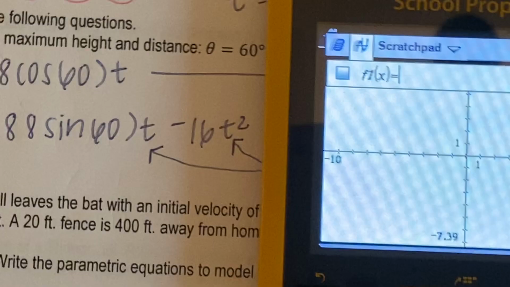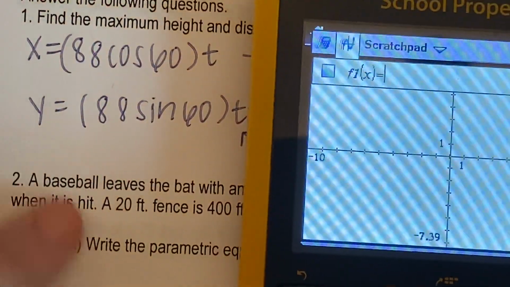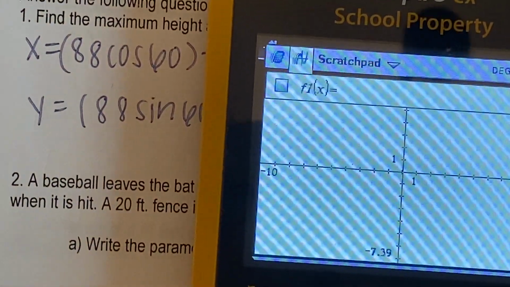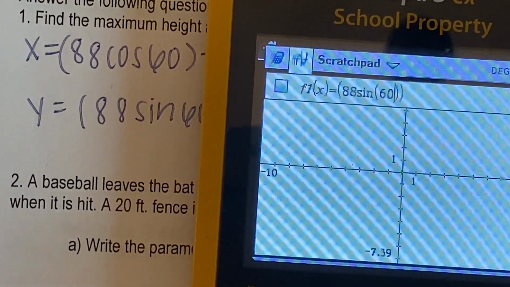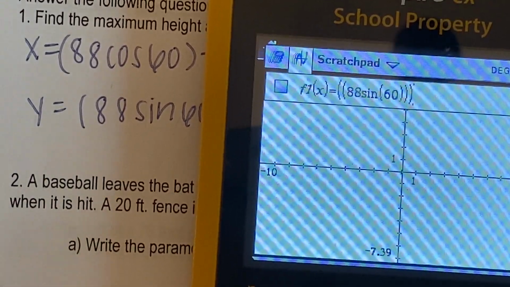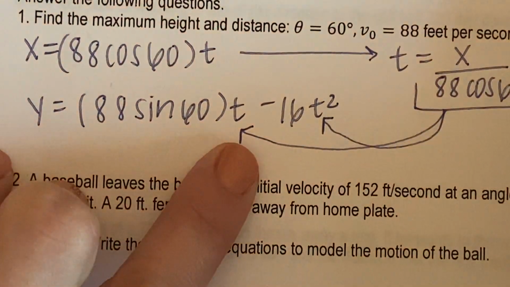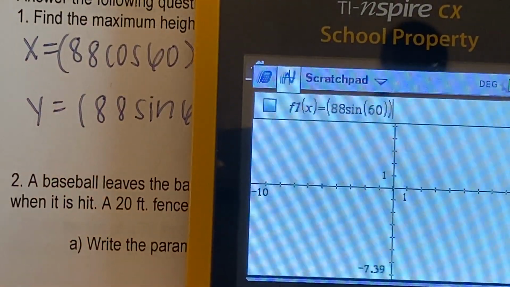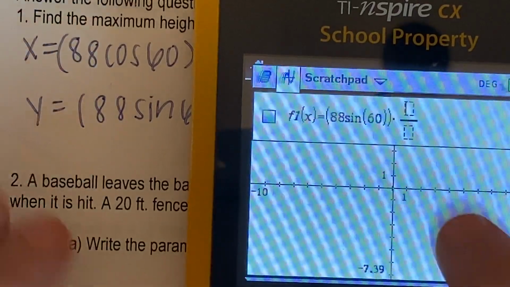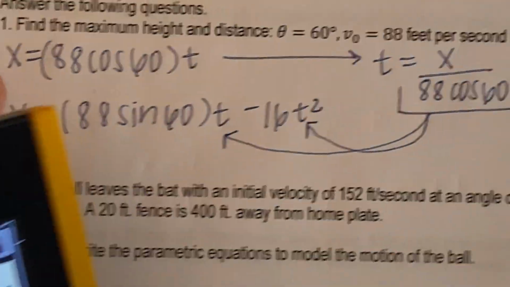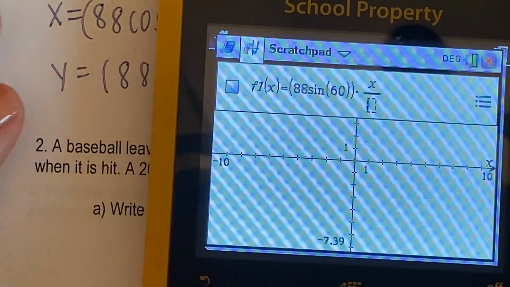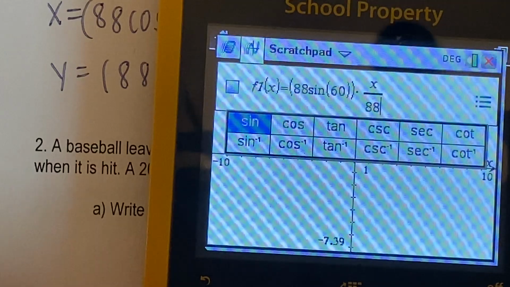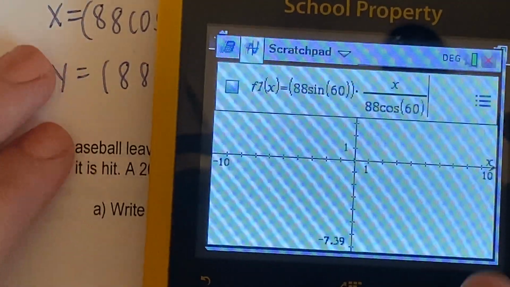So I'm going to start with y equals, we'll use our parentheses, 88 sine 60. Outside of all those parentheses, now we have t. So I'm going to do times, and I'm going to force the fraction because our t equation is a fraction. So x over 88 cosine 60.